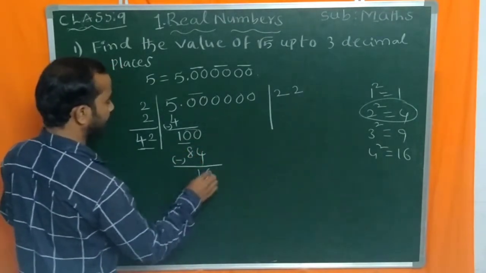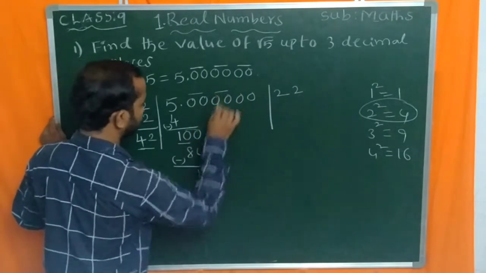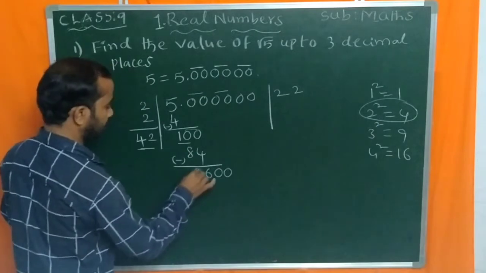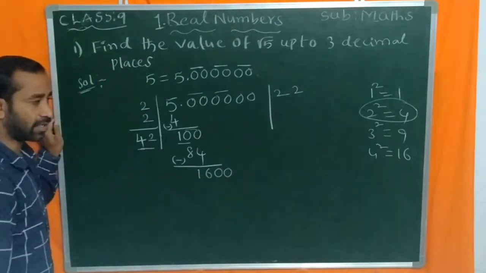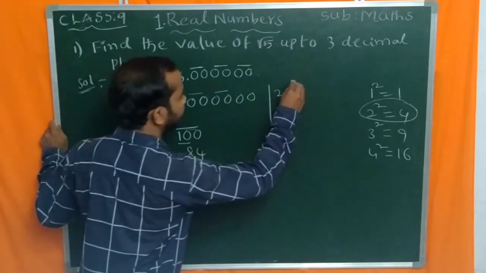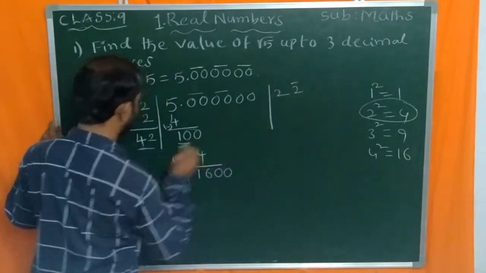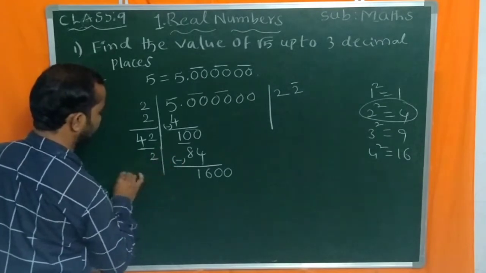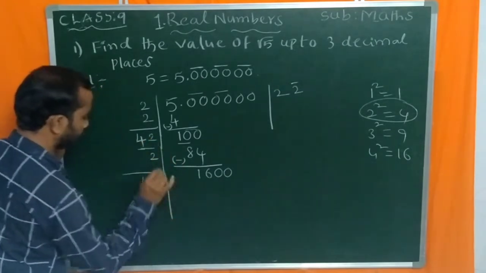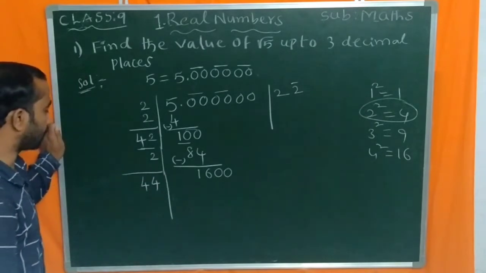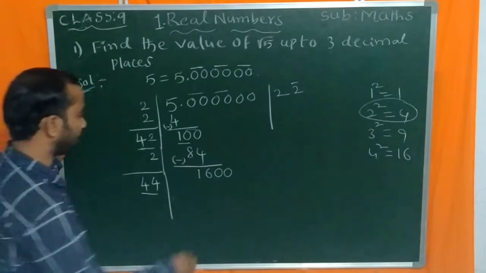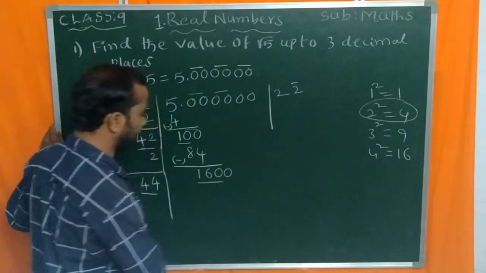So bring down the next two zeros to the right side of the remainder. We get 1600. Next, 42 plus the last digit of the quotient, which is 2. So add this digit: 2 plus 2 is 4, and 4. So we observe the first two digits of the divisor and the first three digits of the dividend.